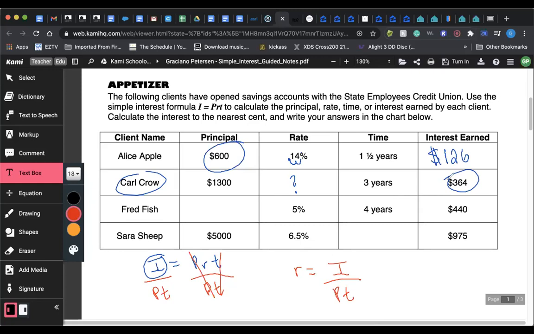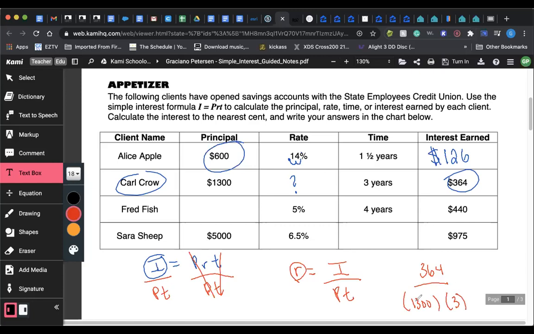Now I can plug in the information that I have in the rest of the table. I have my I, my P, and my T, and I can plug this information in and it will give me my R, which is my rate. So let's try it. We're going to replace the I with 364, the P with 1300, and the T with 3.